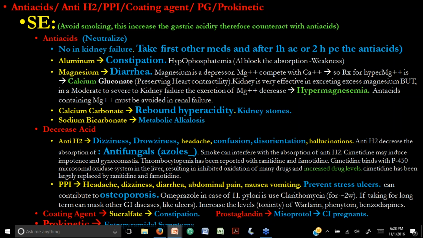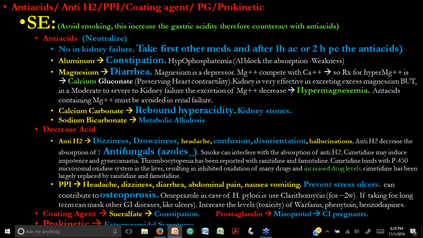So here we have the PPI, and we already talked about that, PPIs prevent stress ulcers. So please pay attention to that. A patient in the hospital is under stress all the time, and that can lead to an increase of gastric acid. And a long-term side effect of the PPI is actually osteoporosis.